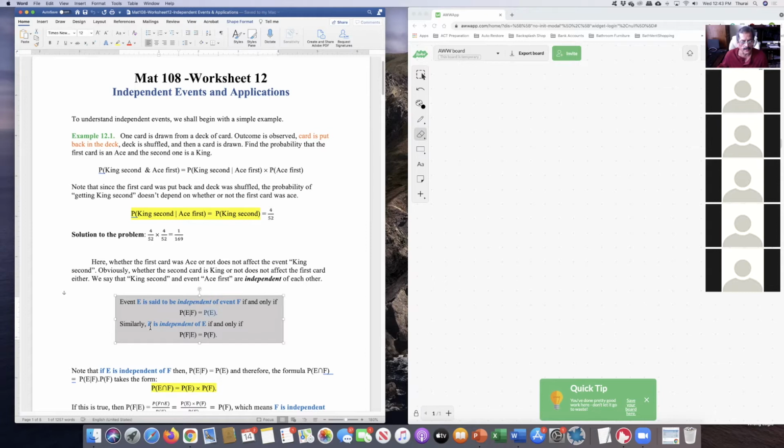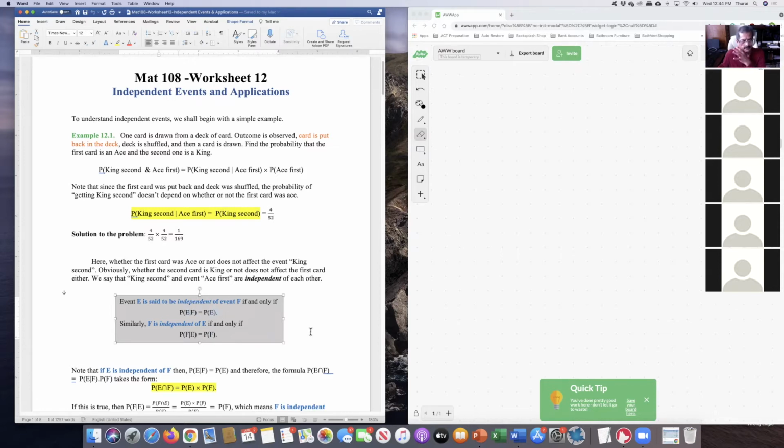The other way around, F is independent of E, means F occurring doesn't get affected by E occurring, which means F given E is the same as F, doesn't depend on E. And E independent of F means E given F is the same as E.